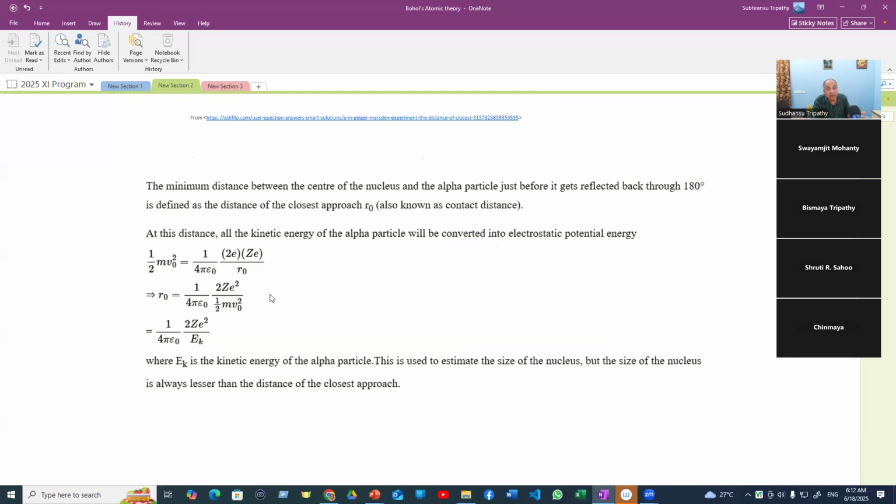Unlike the electron, which we have been talking about so far, the alpha particle is nothing but helium nuclei. It is positive, and gold nucleus is positive. So there is huge repulsion.